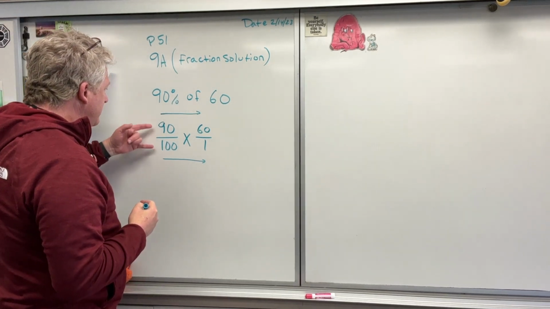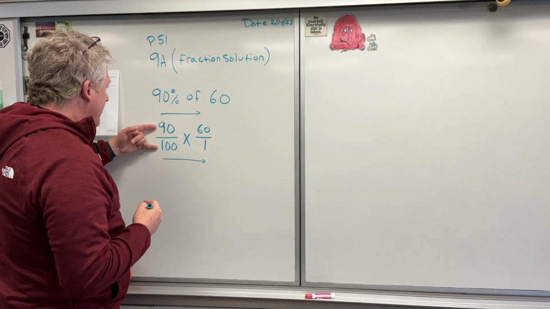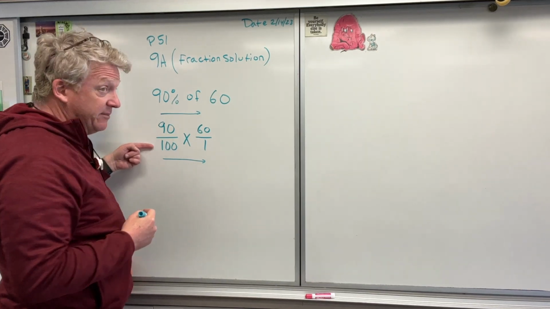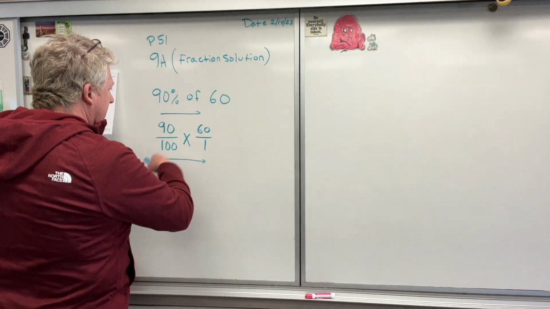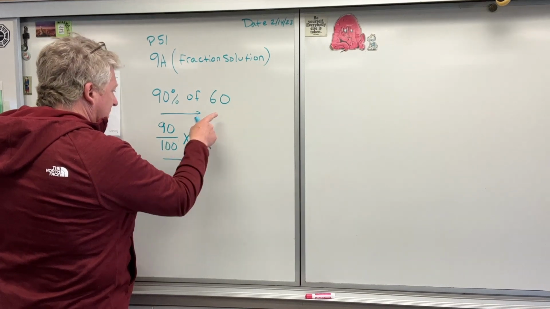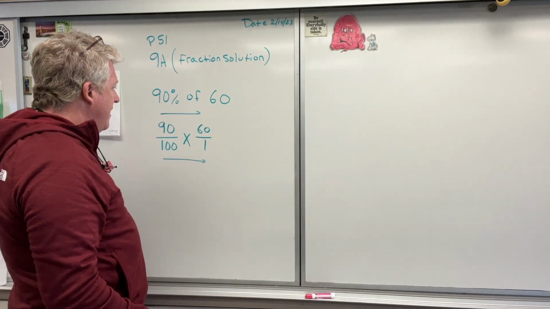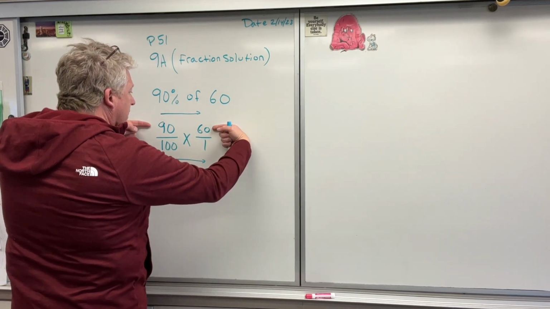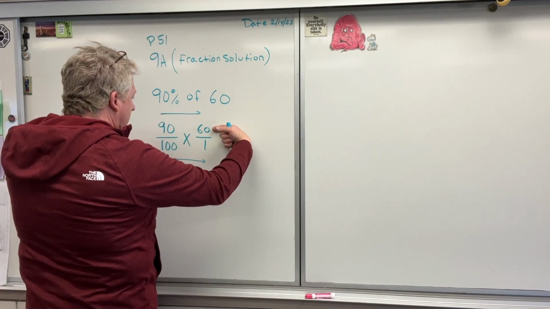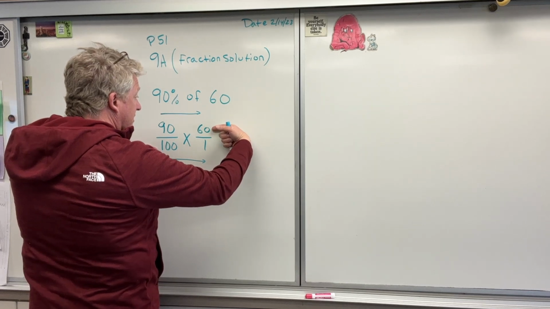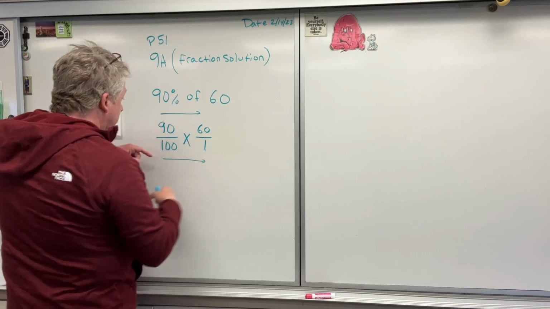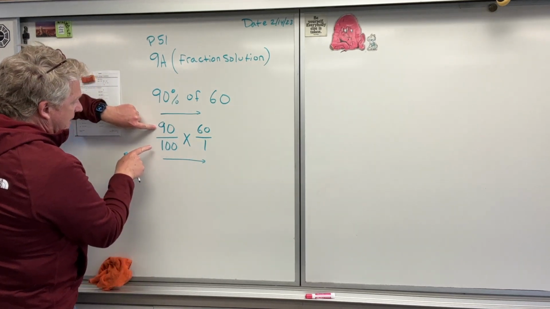So here we are in a situation where I have numbers that are 90 over 100, that can simplify. We also have a problem going diagonally that can simplify, all right? So it's either cross-simplifying, as long as one of the numerators and a denominator can simplify. There's something that can divide into 60 that can also divide into 100. There's also something that can divide into 90 that will divide into 100.